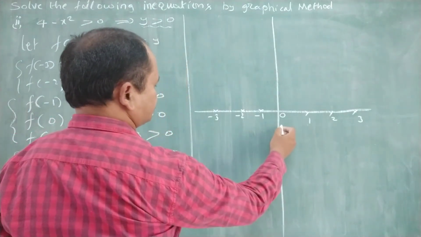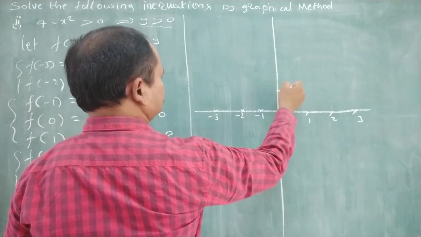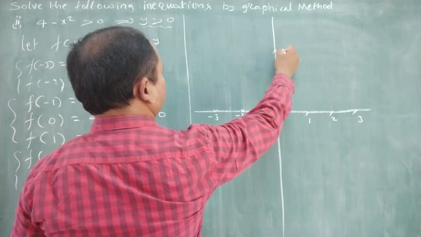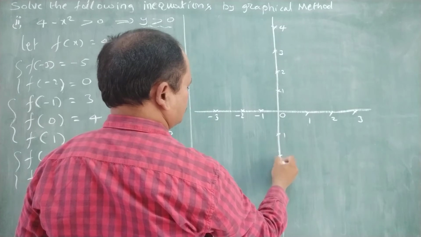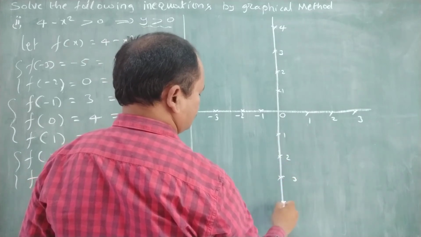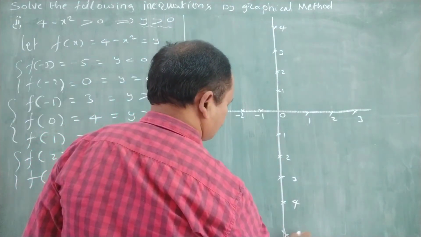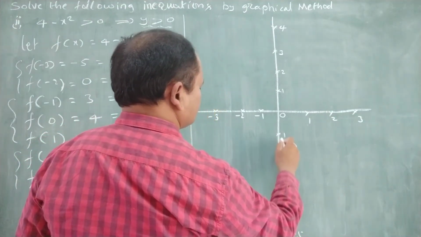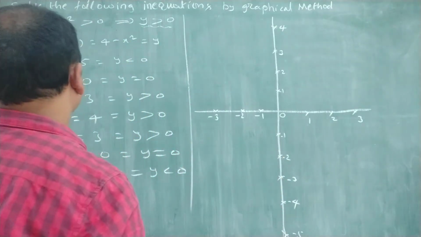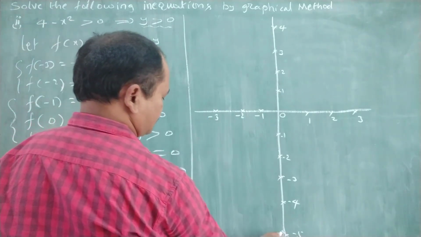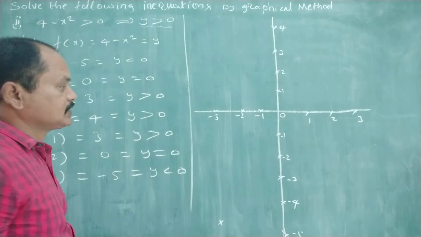Here we take 1, 2, 3, 4 upwards, and minus 1, minus 2, minus 3, minus 4, minus 5 downwards. So f of minus 3 is minus 5.